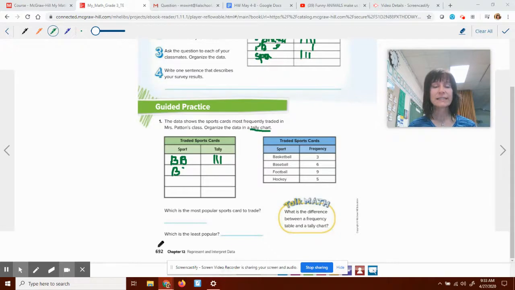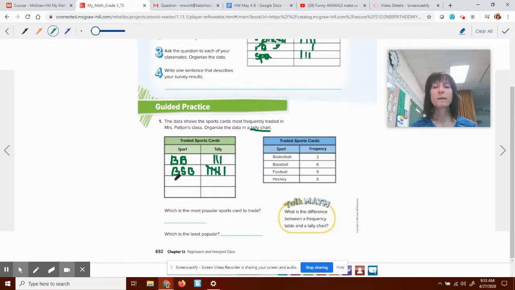We are on page 692, guided practice. Back to trading the sports cards, and we are up to baseball. I'm going to make this a BS for baseball. I need to write 6 tally marks. I can do this as 1, 2, 3, 4, and with 5, I'm going to cross over, and then I add one more for 6.